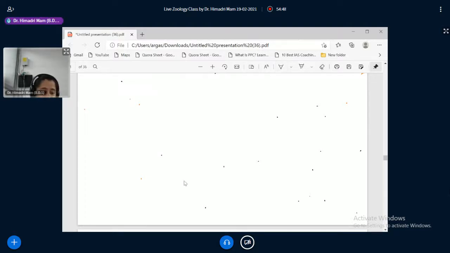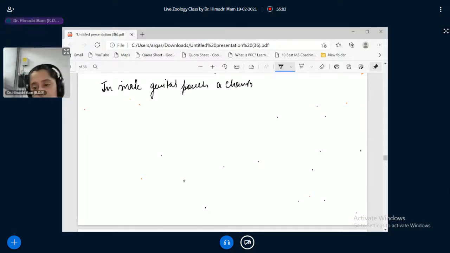Now, basically, in male the genital pouch, a chamber, lies at the hind end of the abdomen.